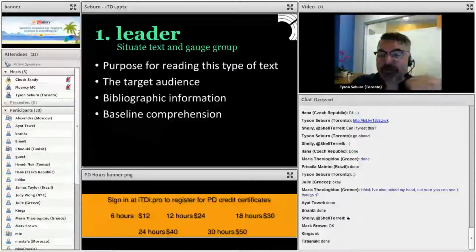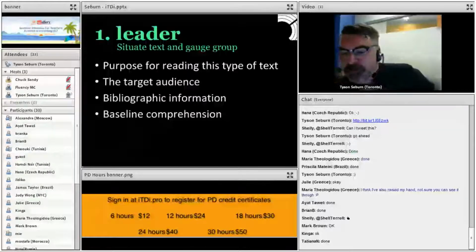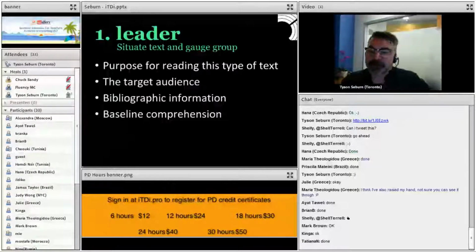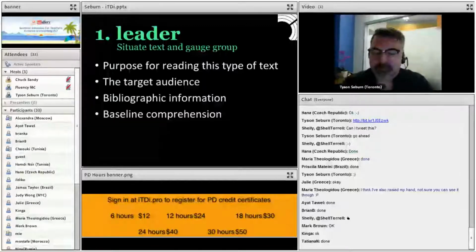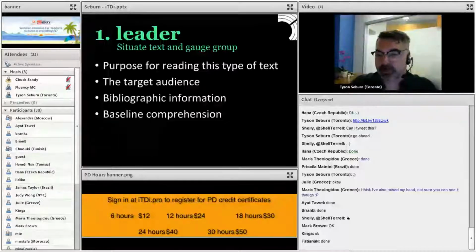In my case, they write 3 comprehension questions and answer them, and then they send them to me before the group discussion, and I take a look at their questions and answers and see if I agree with their general understanding of the text. Then in the group discussion, where they're going to share all of their information, they ask each of the group members these comprehension questions and see if everybody has a general understanding from which to start.